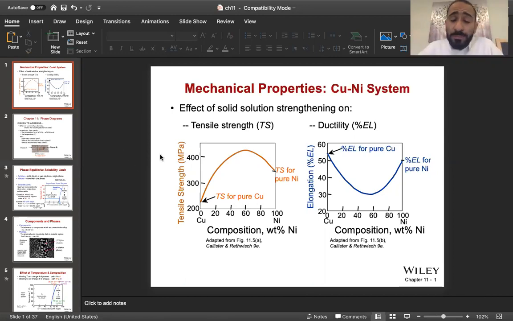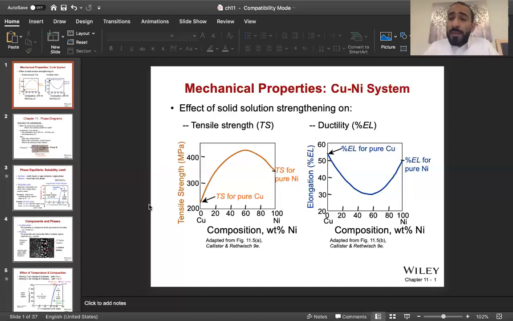Copper has a melting point that is much lower than nickel. So if you have a mix of these two components, what is the resultant melting temperature? We can imagine that at those compositions, the solid will partially melt, and then it's going to completely melt, right?